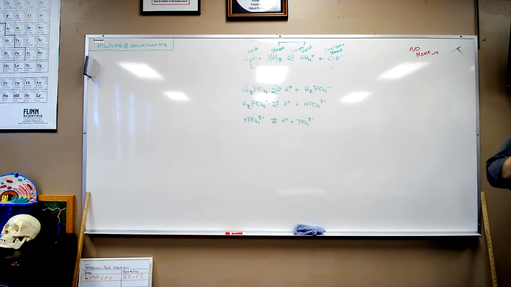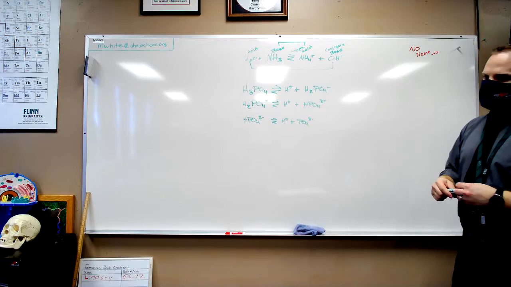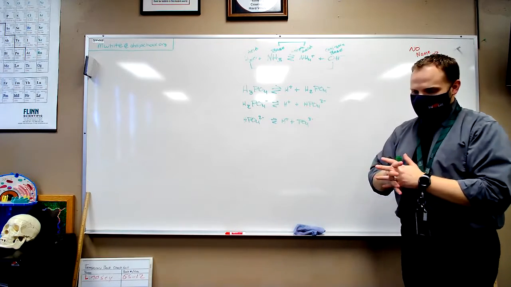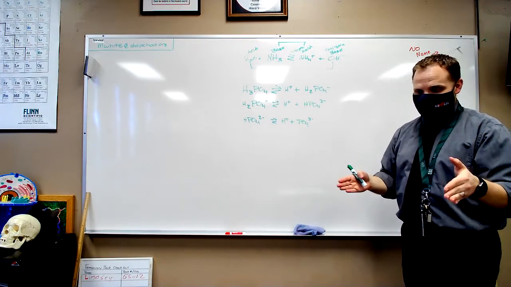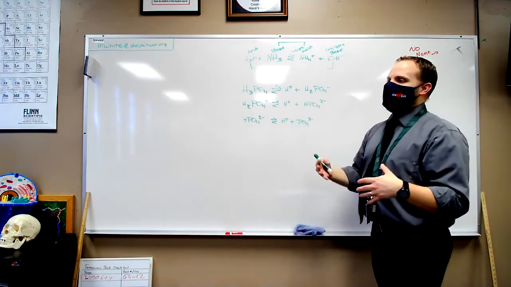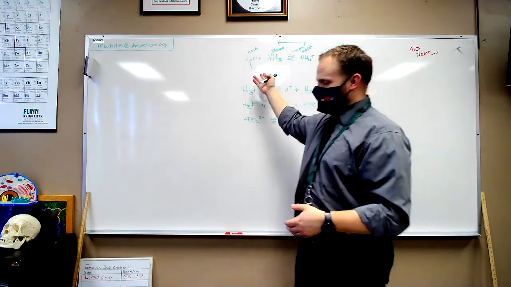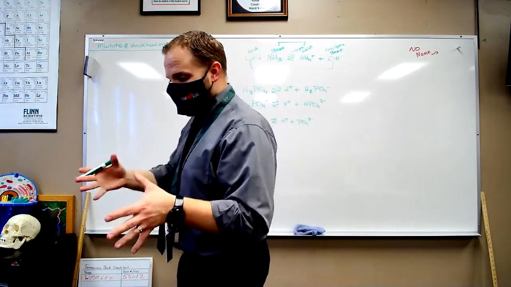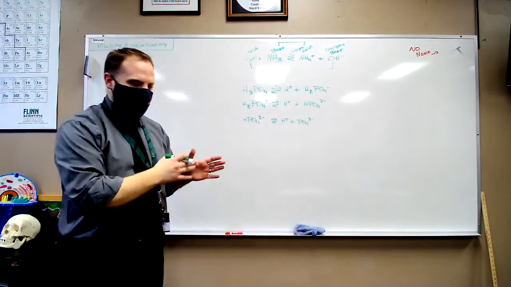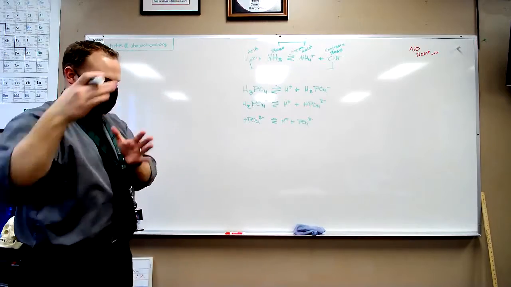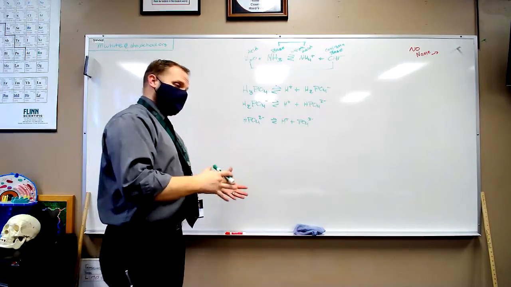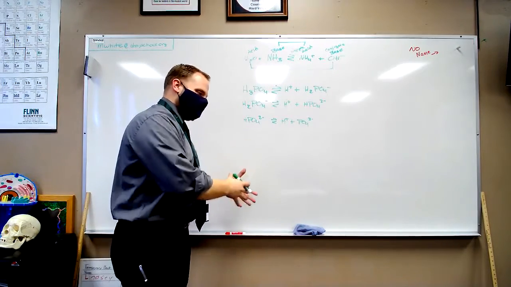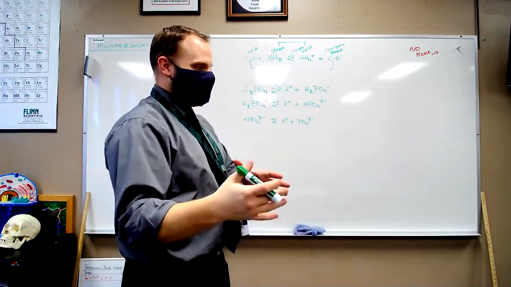And the way it works, really, so we started with Arrhenius, and that worked pretty darn well. But we needed more. So we went to the Bronsted-Lowry model. Now, anything that is an Arrhenius acid or an Arrhenius base is also a Bronsted-Lowry acid or a Bronsted-Lowry base.